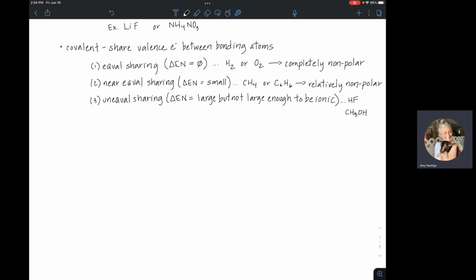If you need a number to wrap your mind around this, an ionic compound could be something where we take sodium or lithium, where the electronegativity is more like 0.9 or something like that, and the electronegativity of fluorine is like 4.2. That's a pretty decent difference. But if we're going to bond hydrogen and fluorine, and hydrogen's like 2.0 and fluorine's 4.2, it's a little bit smaller, but it's a pretty decent amount all the same. This is something that we refer to as polar.